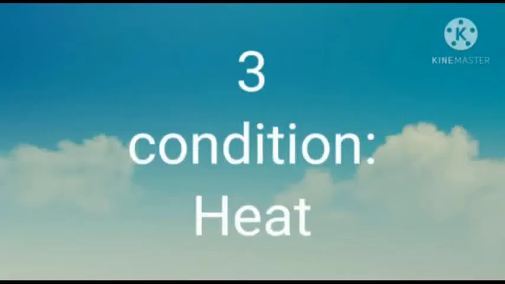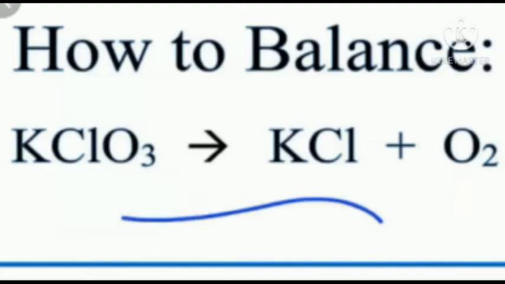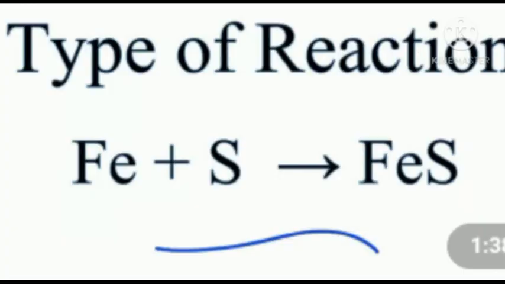The third condition is the heat. Some reactants need to be heated to undergo a chemical change. For example, potassium chlorate on heating decomposes to produce two new products, that is potassium chloride and oxygen.